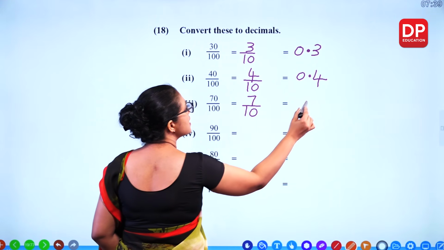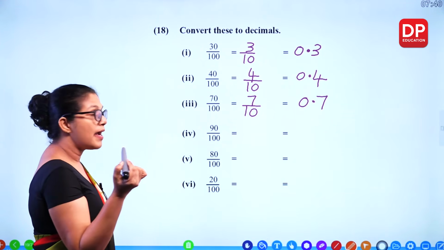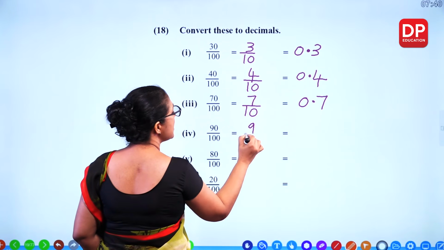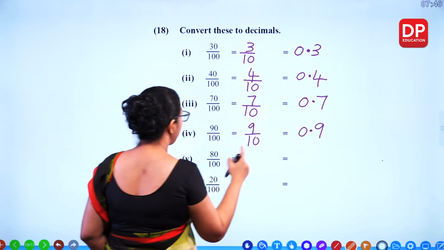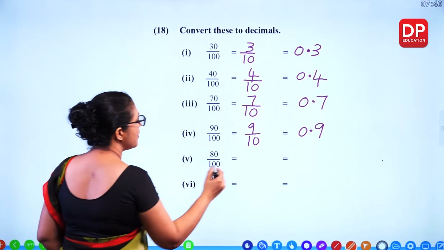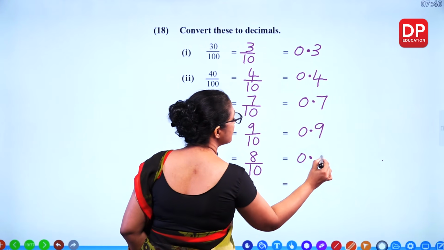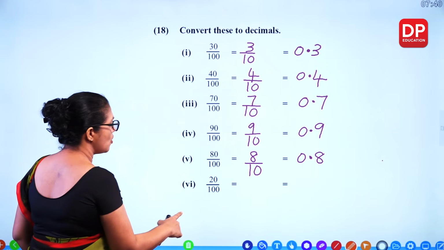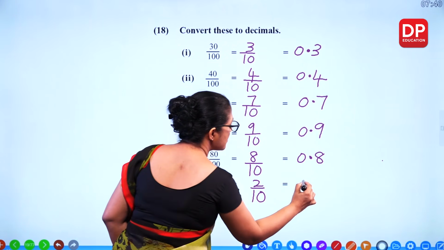This is 7 over 10, 0.7. 90 divided by 100 means 9 over 10. Divide by 10. So 0.9. 80 divided by 100, 8 over 10, 0.8. 20 over 100, 2 over 10, 0.2.